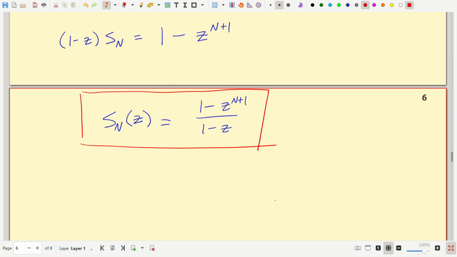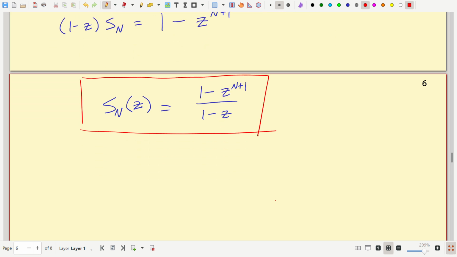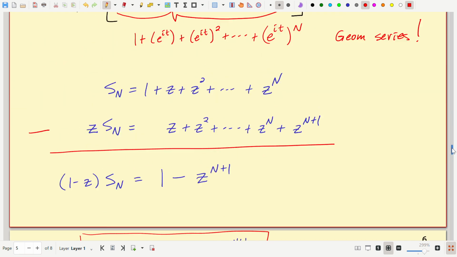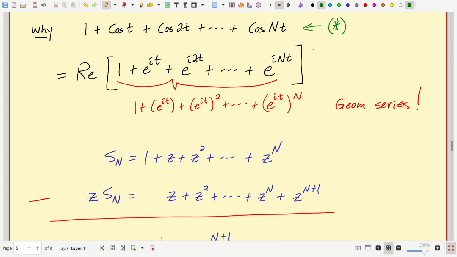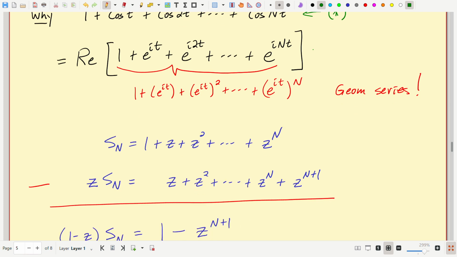And so my cosine, let's see, remember back to my cosine calculation. I should go back up. Where was I? Let me call this star. So this thing right here is star. Star is the real part of that mess. And now I've got it expressed as a sum of a geometric series where the z is equal to e to the it.